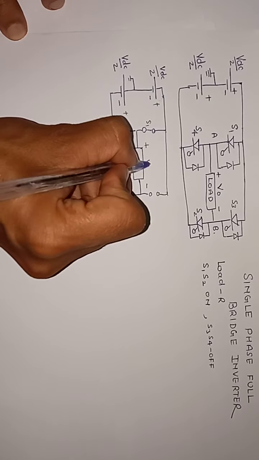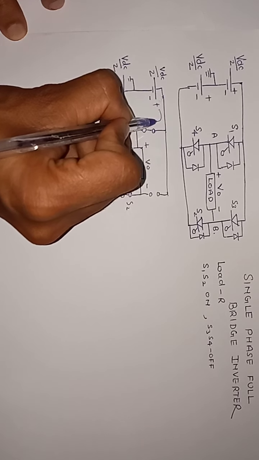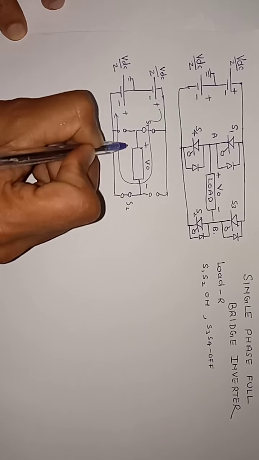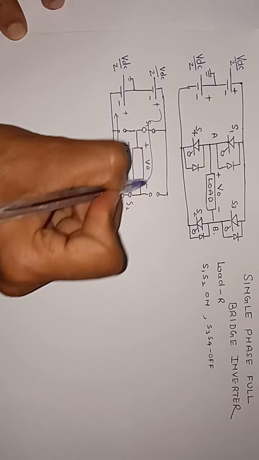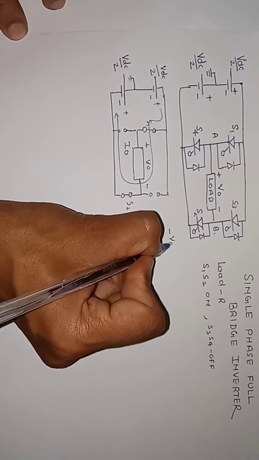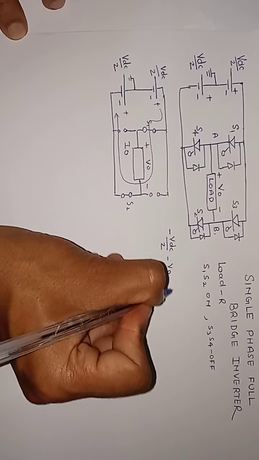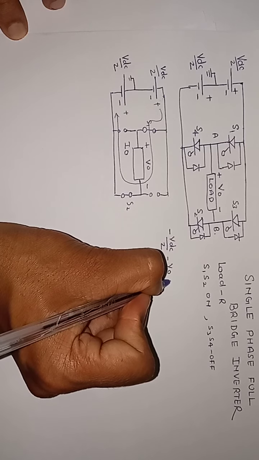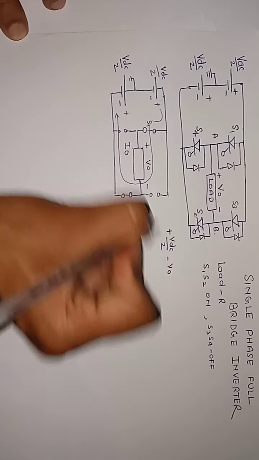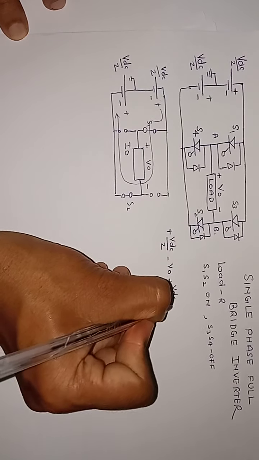In this case S1 and S2 are working, so they become short circuit. We can apply KVL to this circuit. The load current will flow like this. So minus VDC by 2 minus VO plus VDC by 2 minus VO and plus VDC by 2 is equal to 0.